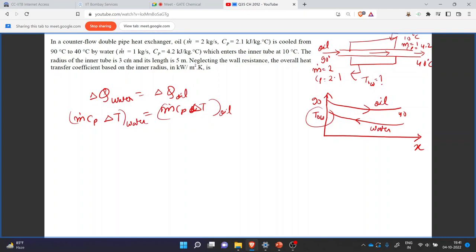For water we have been given the mass flow rate as 1, Cp we have been given as 4.2, delta T will be T outlet minus inlet temperature, inlet temperature was 10 degrees. Similarly for oil we can write it as 1 into 2 into 2.1 into temperature difference, in this case is 50, that is 90 minus 40.